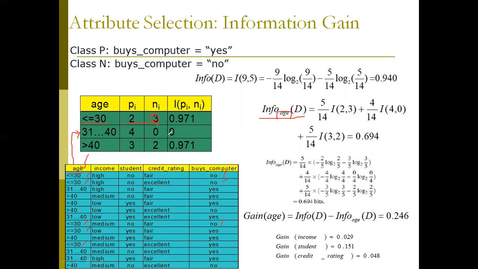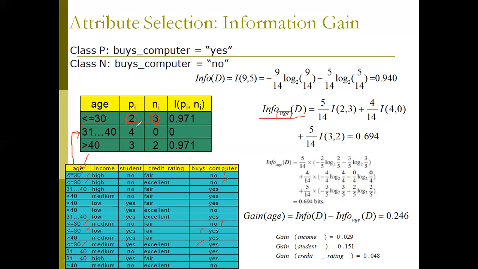And next one is less than or equal to 30. This is yes, and this one is also yes. Two yes class labels are there. Is it correct? Yes. Here we have two records with class label yes, three records with class label no. Total 5 records are there under age less than or equal to 30.